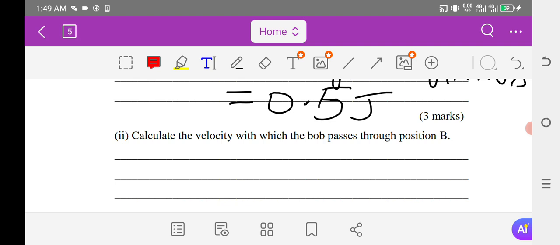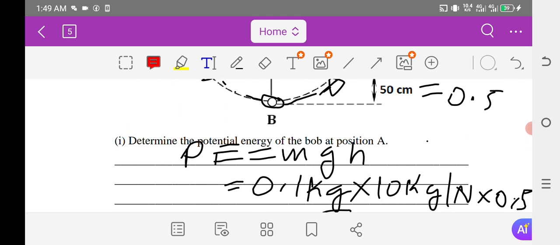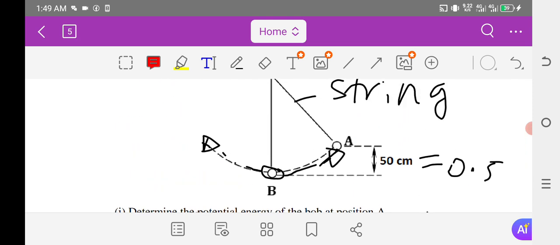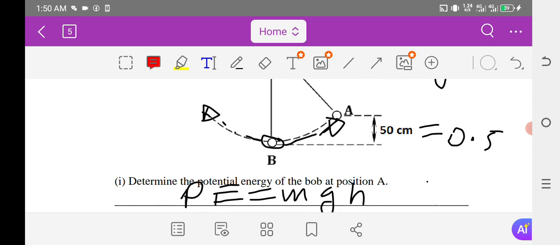Calculate the velocity with which the bulb passes through point B. So this mass is oscillating from point B to A and back through B. Here we need to apply the law of conservation of energy.